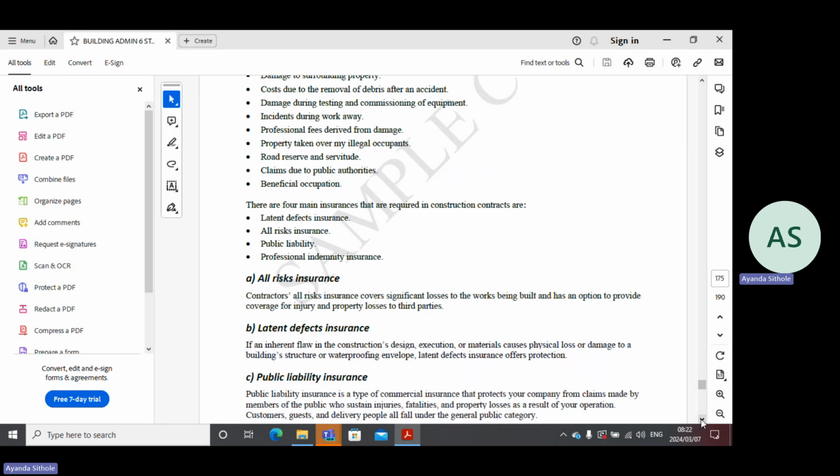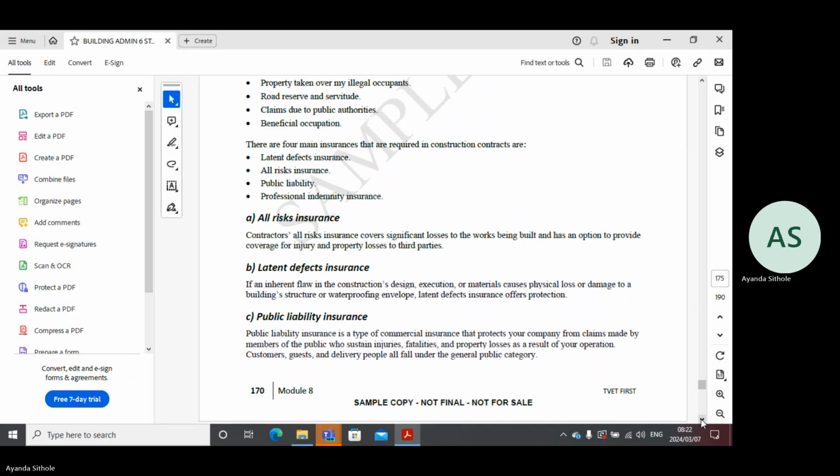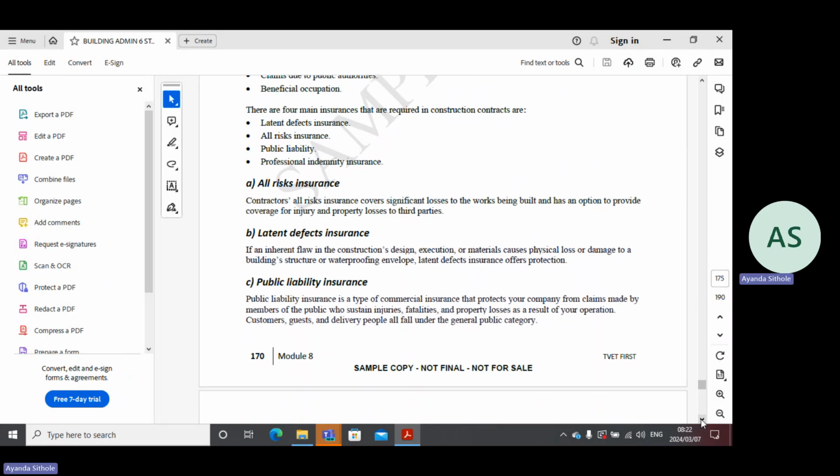So those are the 4 insurances that are required in a construction contract. Okay, so for A, all risk insurance covers significant losses to the work being built and has an option to provide coverage for injury and property losses to third parties.